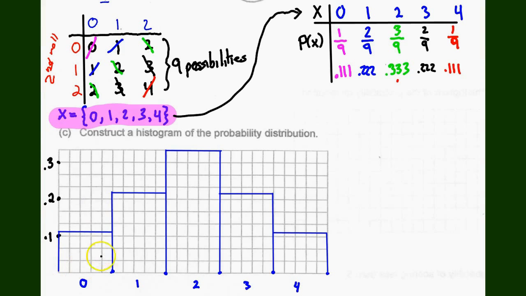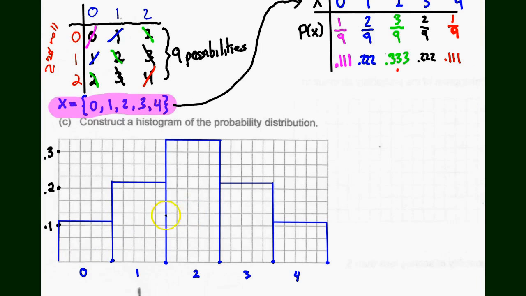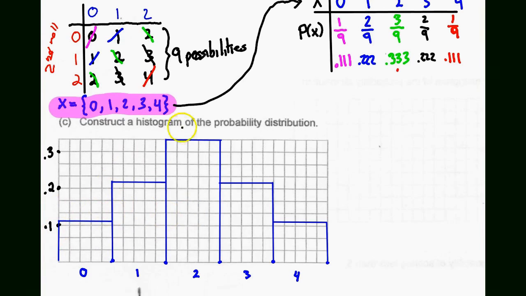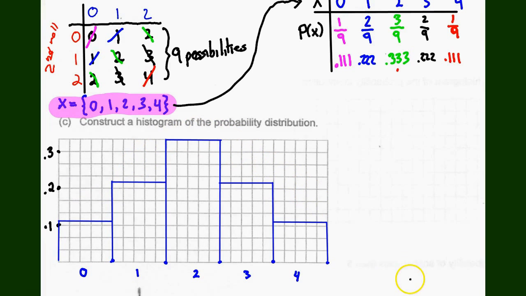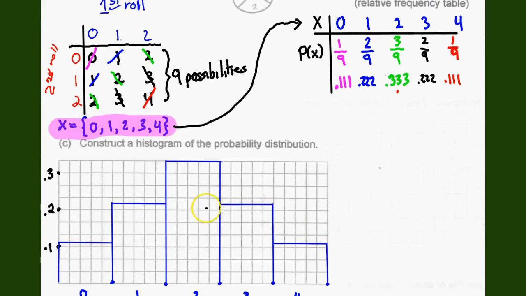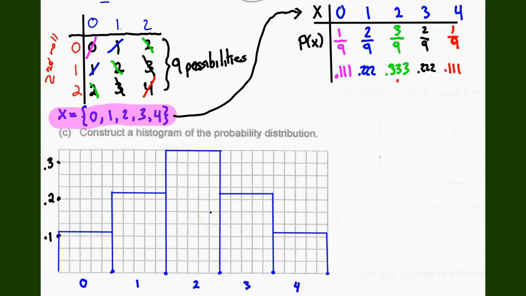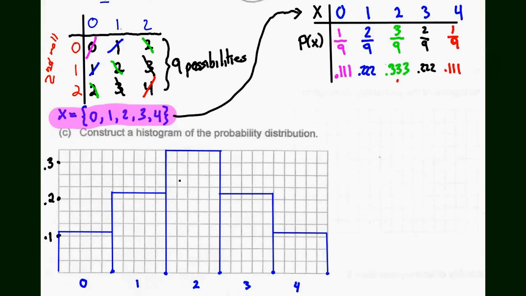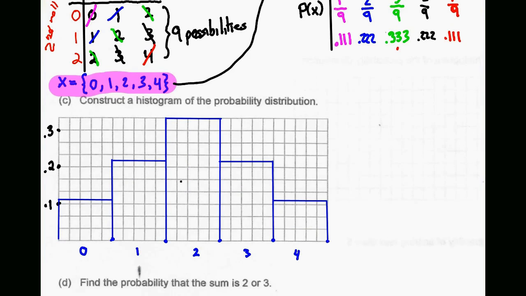There we go. Good. And you can kind of see that normal curve, how that bell curve could fit right over this. If you started connecting these corners and rounded at the top, it would look like that bell curve. And if we found the median and the mean and things like that, they'd be the same. Yep. So there is our histogram.